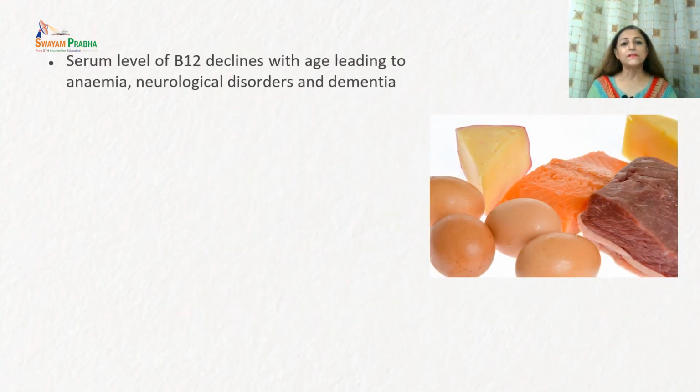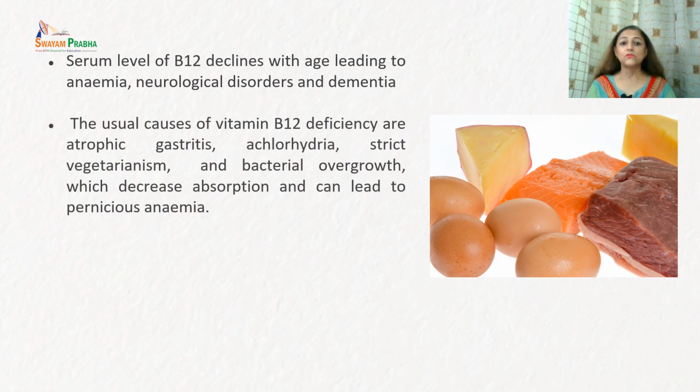In general, the serum level of vitamin B12 declines with age, and this can lead to anemia, neurological disorders and dementia. The usual causes of vitamin B12 deficiency are atrophic gastritis, achlorhydria, that is the lower production of hydrochloric acid inside the stomach, then strict vegetarianism and bacterial overgrowth, which decrease the absorption of vitamin B12 from the intestines, and it can lead to pernicious anemia.